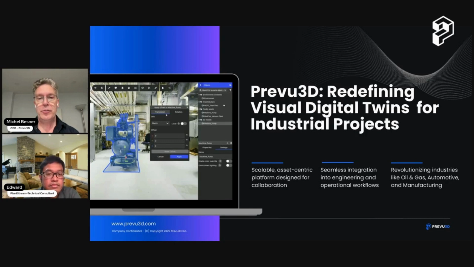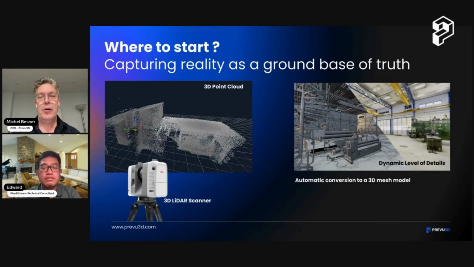Of course, CAD models are extremely important for the design and construction process. But once the environment is built and you're operating, there are existing conditions for your equipment. At Prevu3D we've been focusing on how to capture reality through 3D scanning technology, amongst other things, and create high quality visual models that give you an actual replica, a digital copy of your facility.